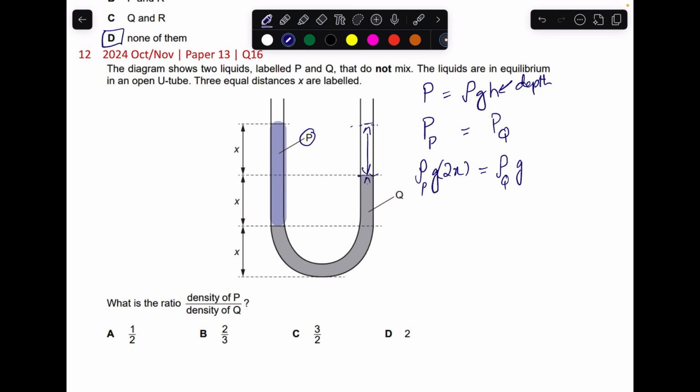So it is x. Okay, so when we simplify them, this g cancels out with this g, and this x cancels out with this x. So what we have to find is density of P over density of Q, which will be equal to, there is 1 and this 2 will go on the right side, it will give you 1 by 2. Okay, so it's option A.